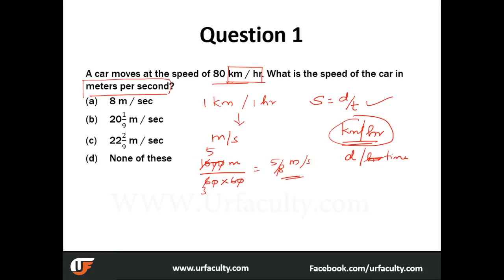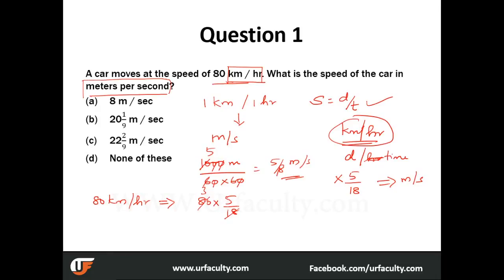So please remember this: for converting kilometer per hour to meters per second, all that you have to do is multiply it with 5 by 18 and you'll get the answer in meters per second. So the question here is 80 kilometer per hour, and to convert to meters per second, you do 80 into 5 by 18.